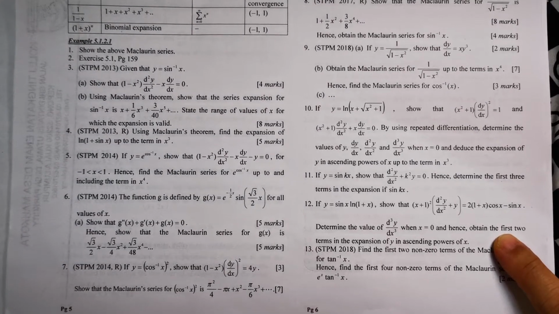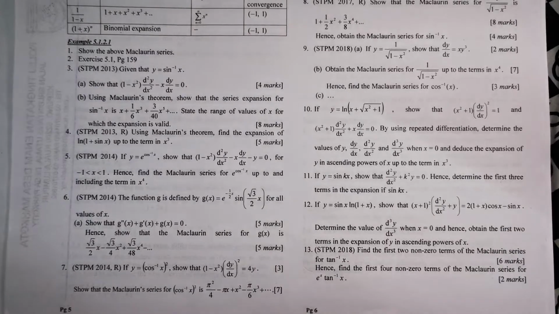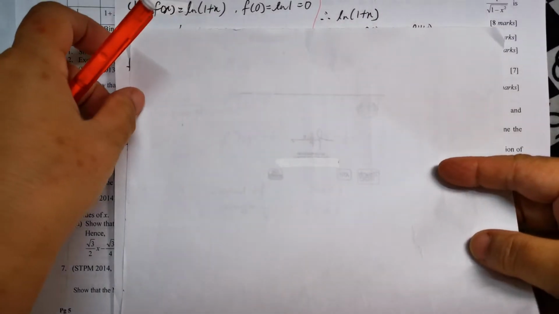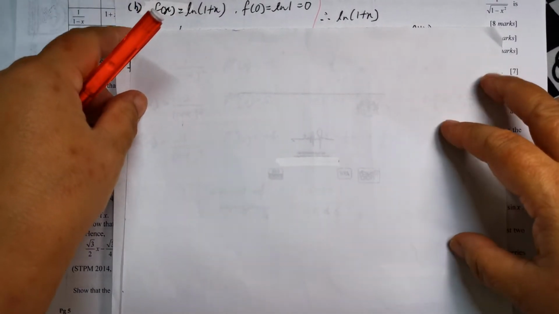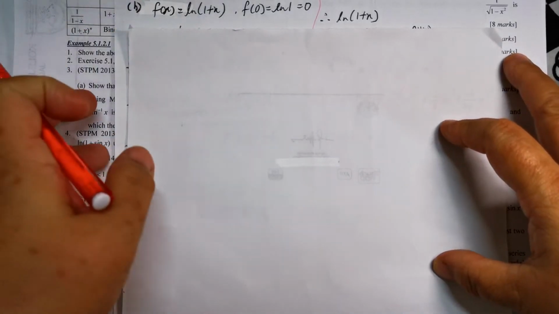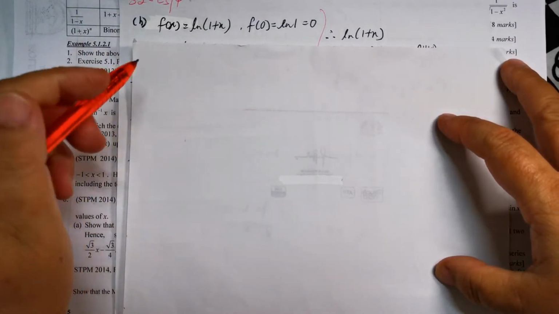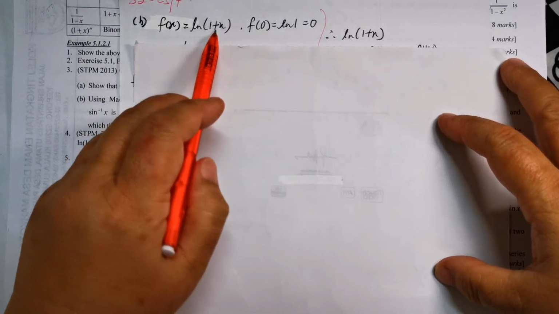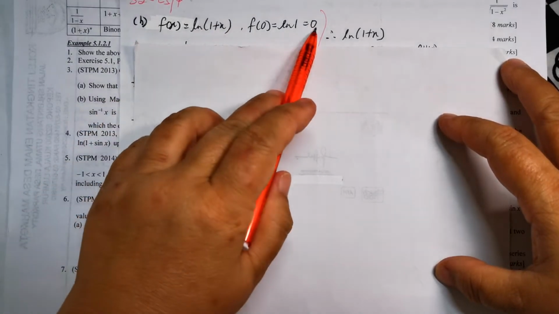Now we are going to discuss logarithmic, the second one. Let f(x) equal ln(1 plus x). So I sub 0 in, ln 1 is 0.